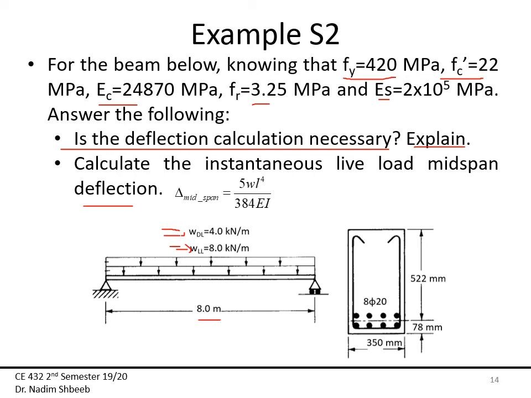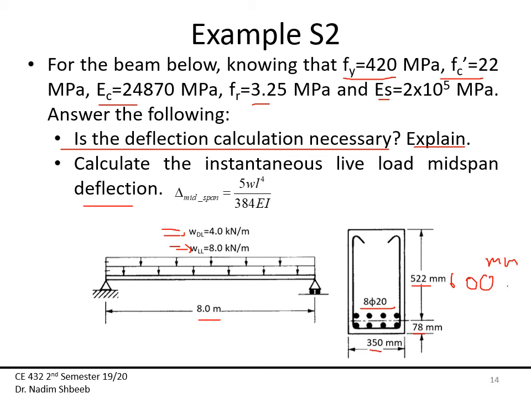Okay. The section that I have, the depth, or d, excuse me, is 522, and the cover from the bottom is 78, which makes the total height 600 millimeters. I have 8 by 20, and the width is 350 millimeters.